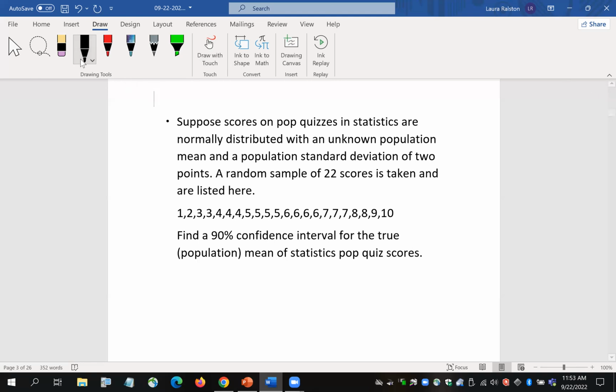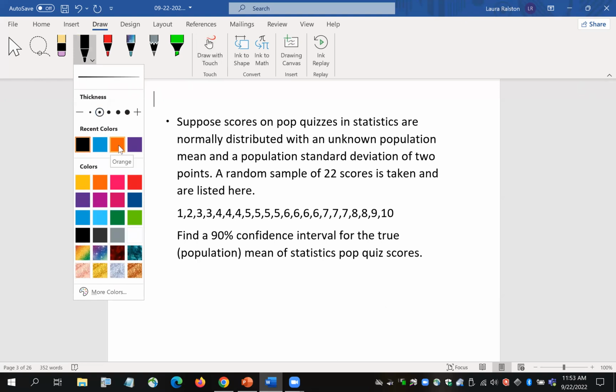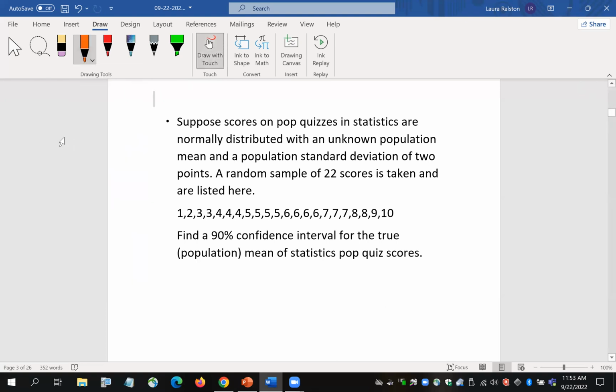So the only thing that's kind of different about this problem is it does not outright give you the sample mean, but it does still tell you the population standard deviation, which is 2 points.